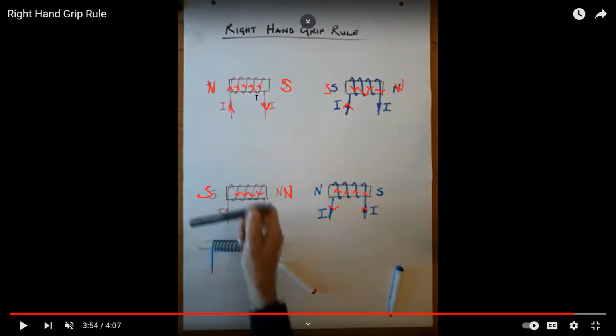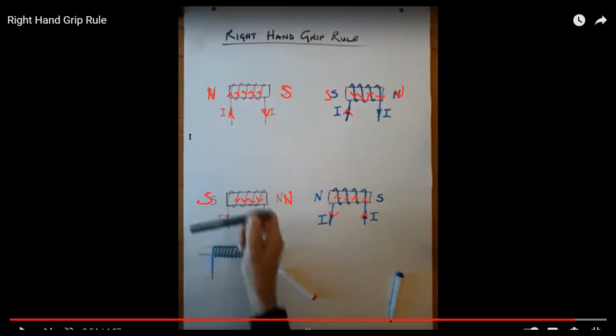How do we increase the strength of the magnetic field?